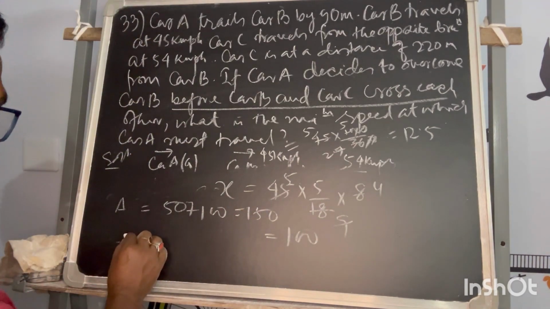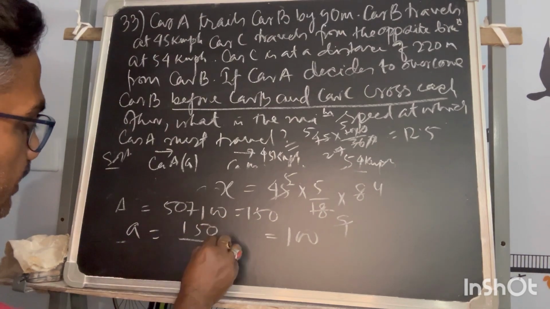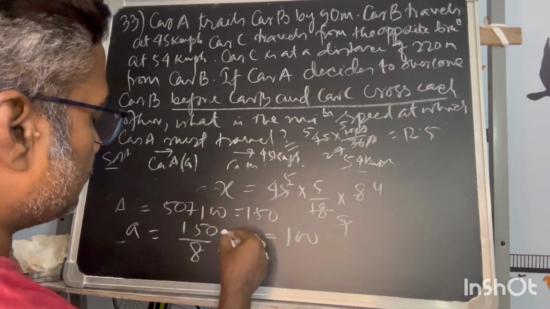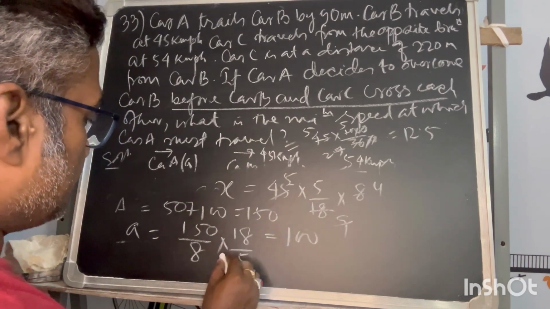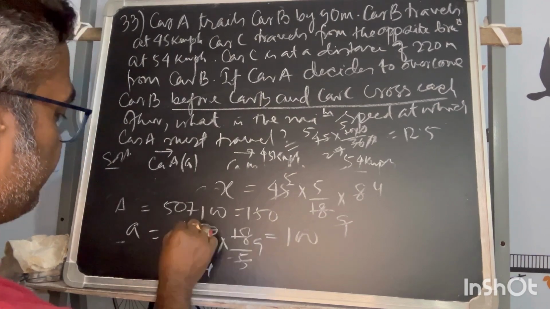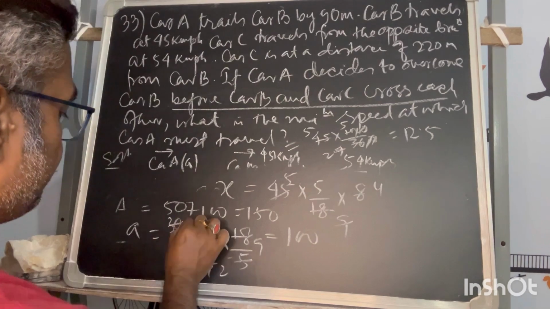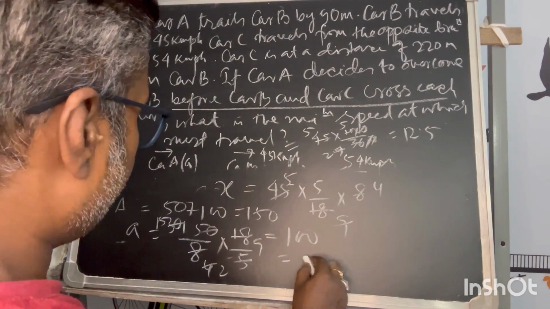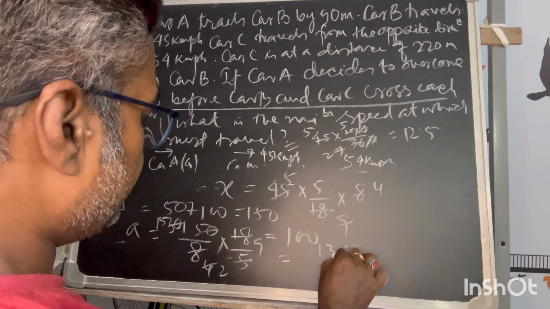So 150, the speed has to be 150 by 8. That has to be converted into kilometer per hour. Has to be multiplied, this 4, 2, 9, 5, 3 is a 4, 2, 2 is a 15. So 15 into 9 is equal to 135 by 2.